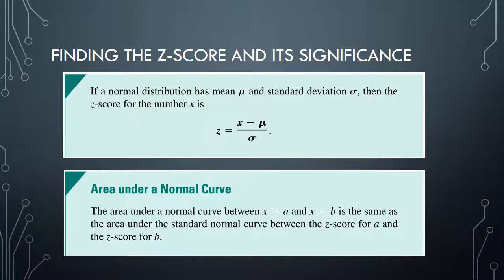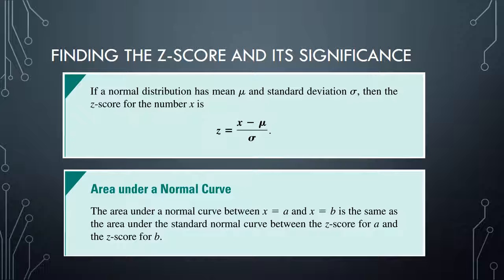Now, what's the deal with the z-score? Well, the second box here says the area under a normal curve between x equals a and x equals b, those being two data points, is the same as the area under the standard normal curve between the z-score for a and the z-score for b.